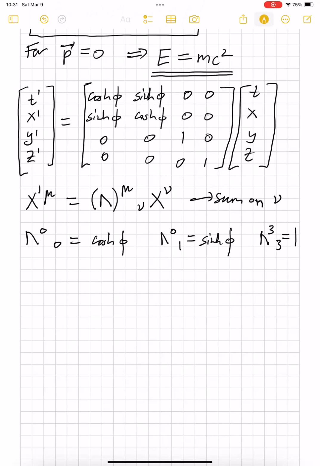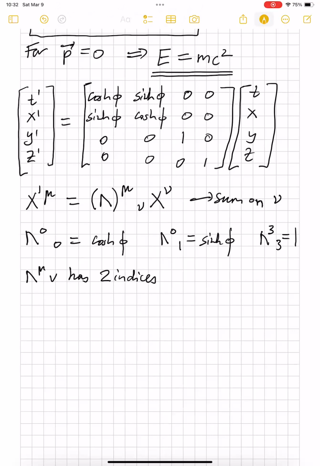Yes, that's 1. 3 3 would be the last entry because it's row 0, row 1, row 2, row 3, column 0, column 1, column 2, column 3. So the 3 3 entry is the one sitting as the bottommost and rightmost entry in this matrix. Well, this is very interesting. Lambda mu nu has 2 indices.